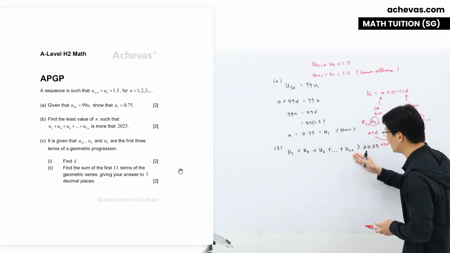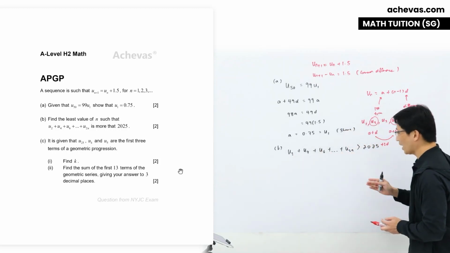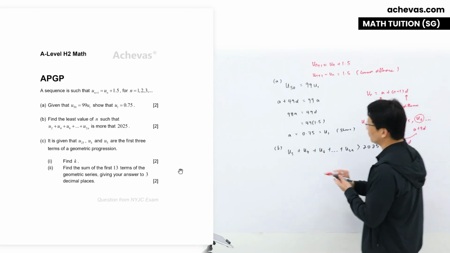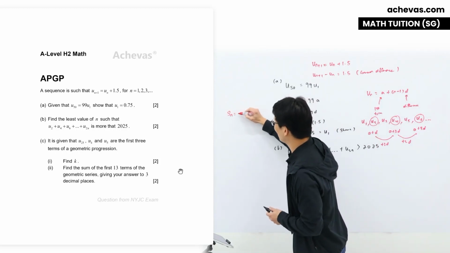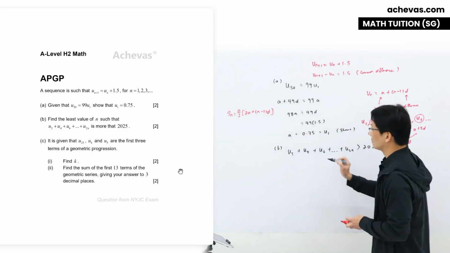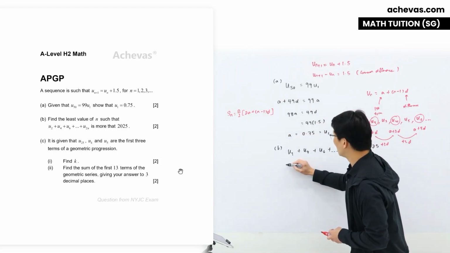In this scenario, 2, 4, 6 all the way until 2n comprises a total of n terms. So I'm going to make use of the formula Sn equal to n over 2 bracket 2a plus (n minus 1)d.